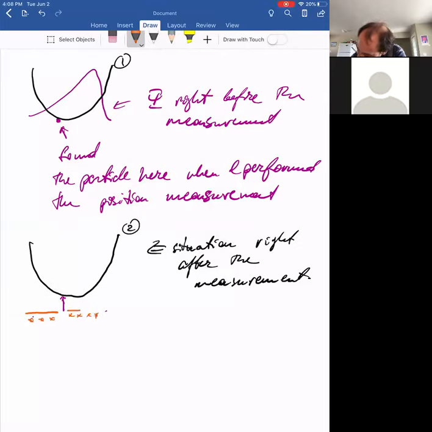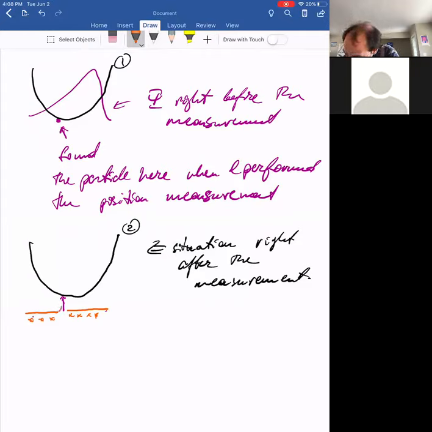And so that means the wave function is 0 there. Because the probability density at that point is the wave function psi times the wave function star. And remember, the area under the probability density must always be 1 because the particle has to be somewhere. And now we know where it is.